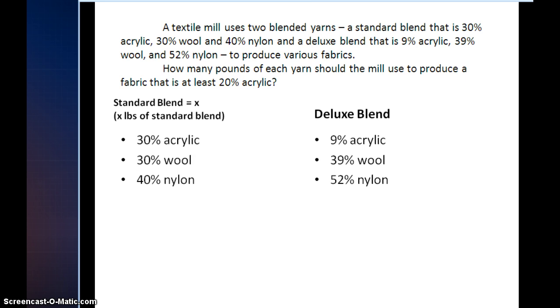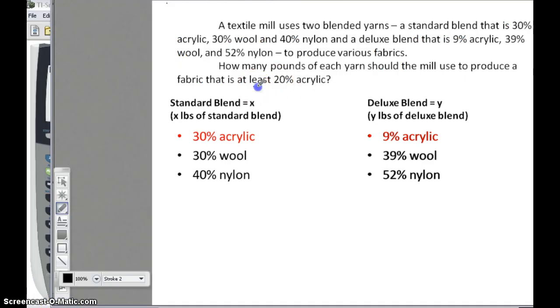Same idea here with the deluxe blend, so that's going to be my Y, and that really stands for how many pounds. And then on both blends, focusing in just on the acrylic. So since I want at least 20%, I have here 20% plus, and that is of the acrylic.